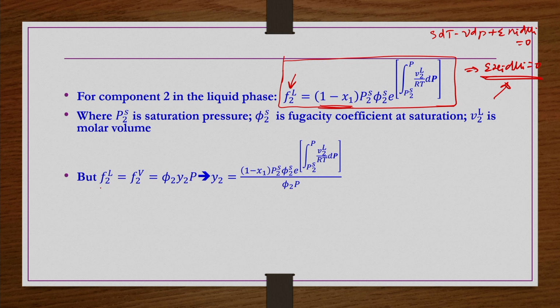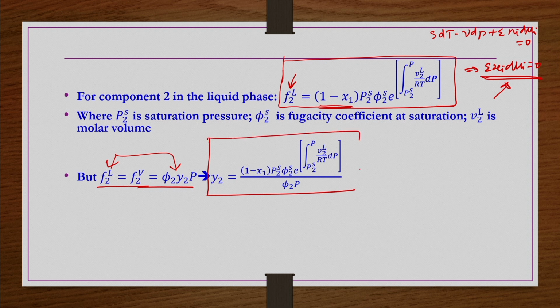Then we have F2L equal to F2V, and F2V is Phi2 y2 P. If you equate these two, you get y2 equal to F2L by Phi2 P, as I mentioned already. And F2L is 1 minus x1 P2S Phi2S exponential of integral V2L by RT dP, which we just derived.